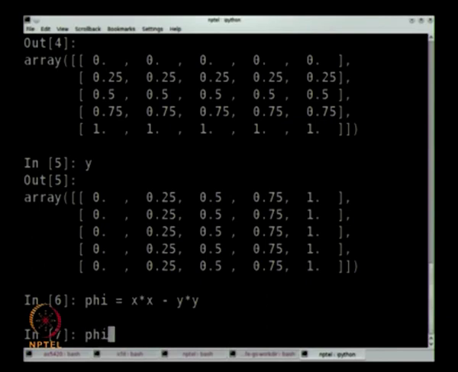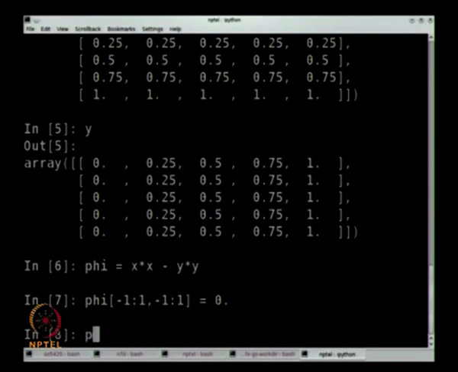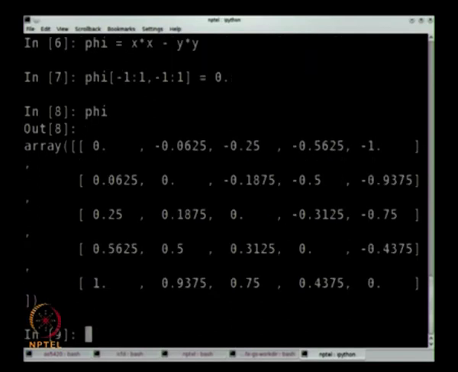We will set the boundary to 0. Okay. And of course, at this font size it looks a bit funny, but you can see, did I do the right thing?